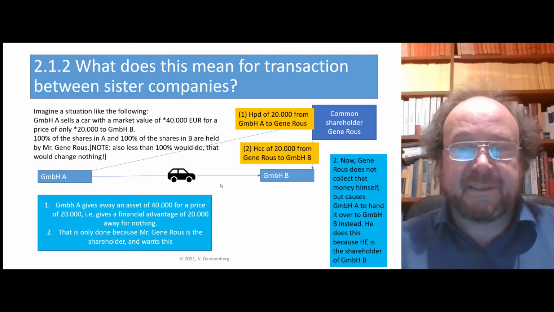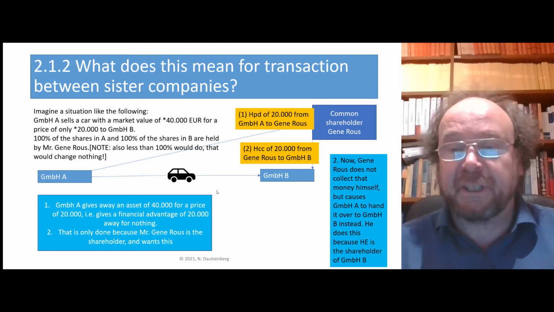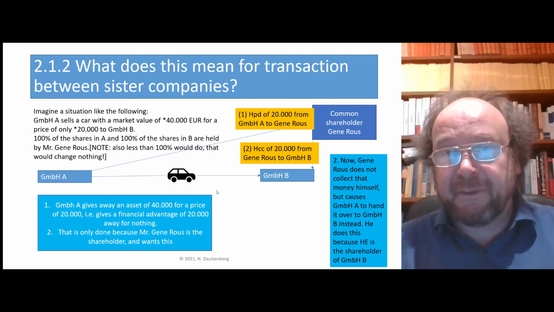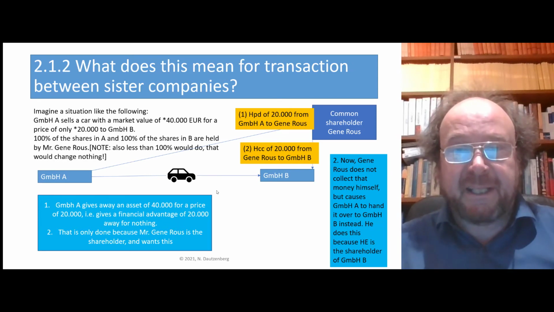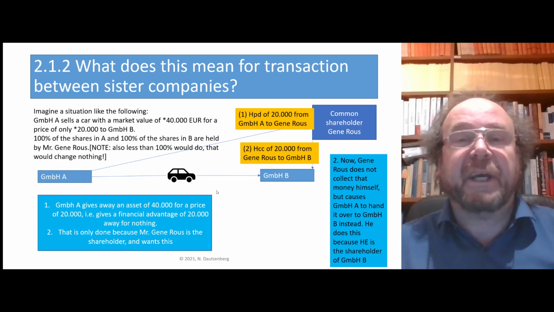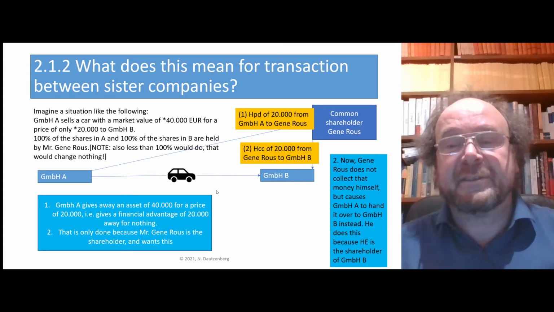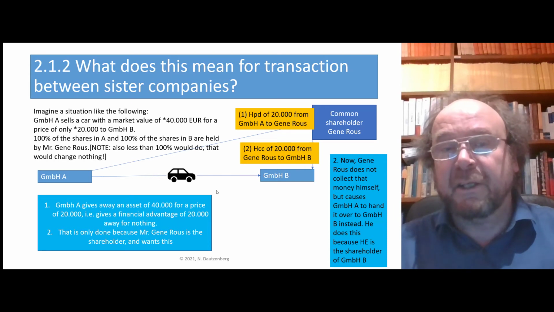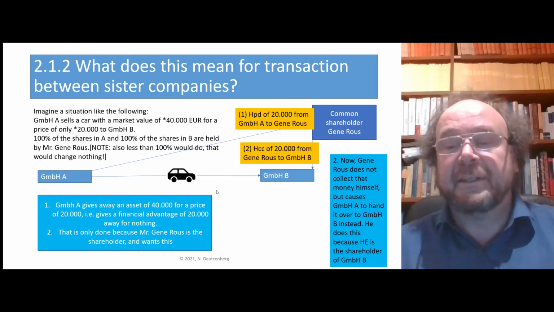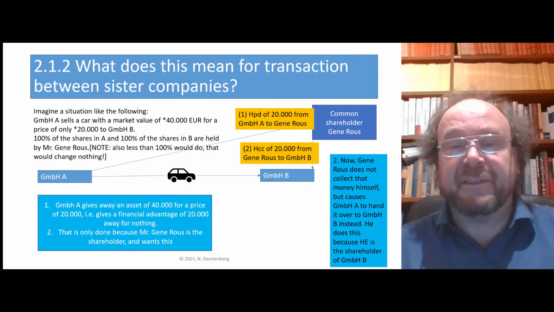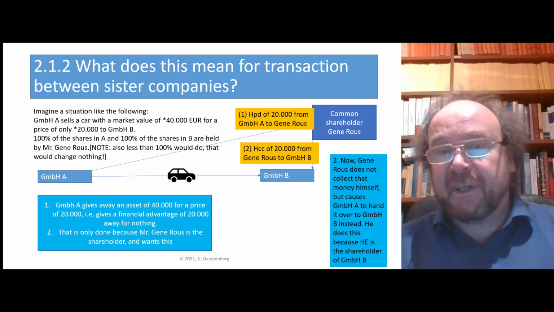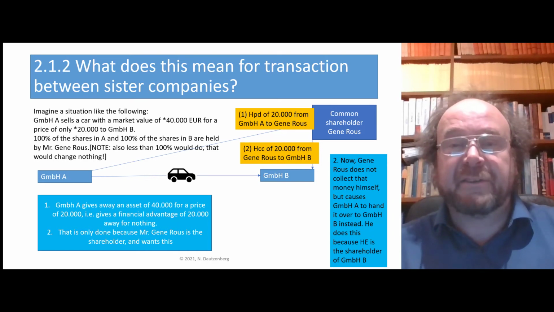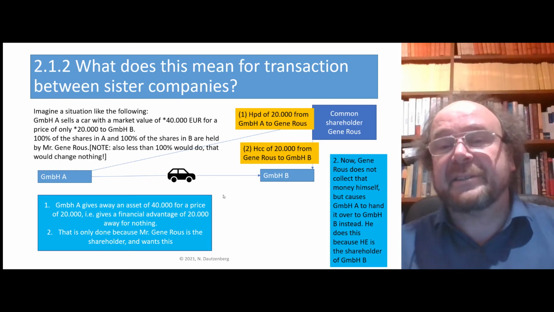So in that case, our shareholder would get a dividend of 20,000 from GmbH A, would have to pay taxes on these 20,000, and then passing on 20,000 as a capital contribution to GmbH B would increase his cost of acquisition, and GmbH B would show the 20,000 as a capital contribution, so as additional paid-in capital, and would regard the car as bought for the economically correct cost of acquisition of 40,000 instead of 20,000.